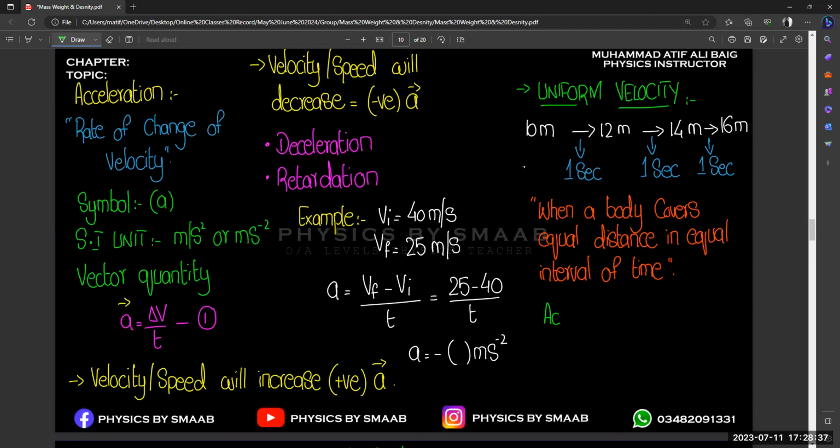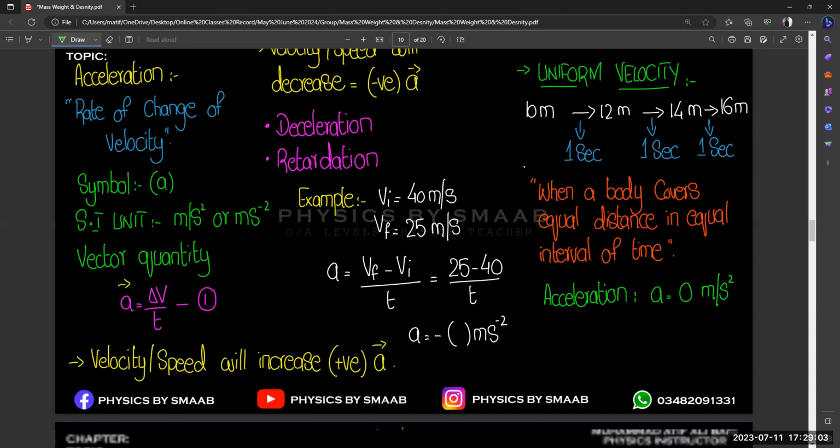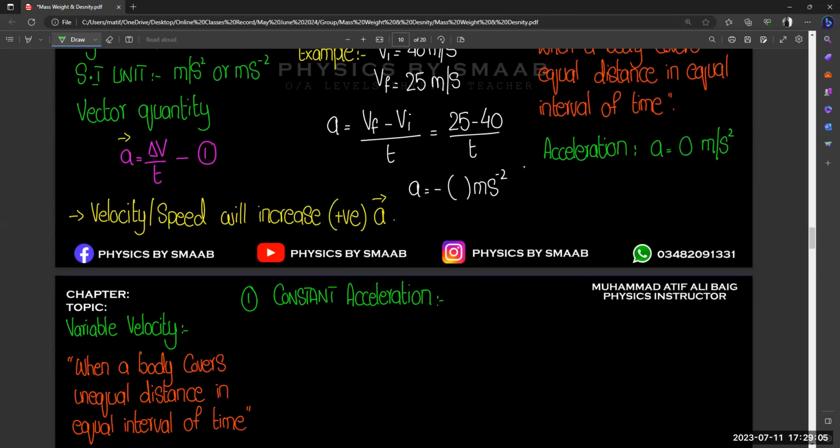Zero. Acceleration is equal to zero because there is equal change in distance with respect to time. So your acceleration will remain the same, that is zero, right? Because you are not going to increase your speed, only your numbers are increasing.